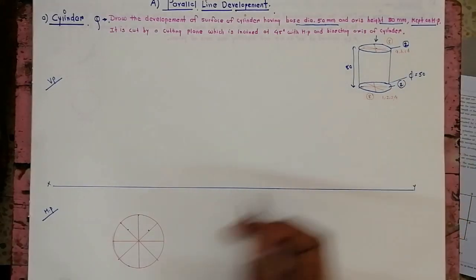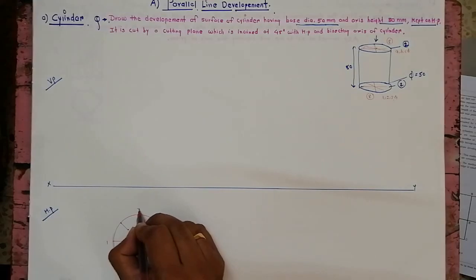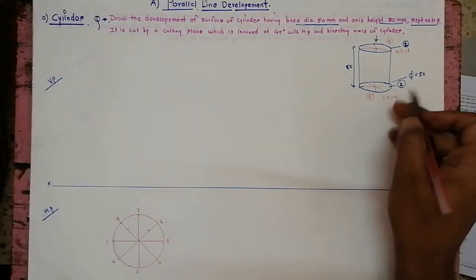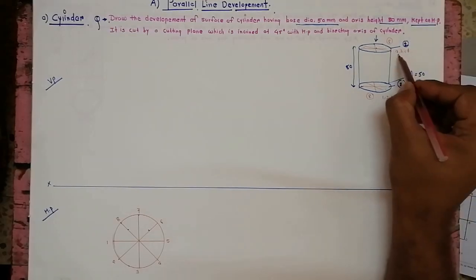So for the bottom circle the names are 1 2 3 4 5 6 7 and 8. This is for the base circle. Now we have another circle at the top for which I am giving the nomenclature. It is also divided into 8 parts.